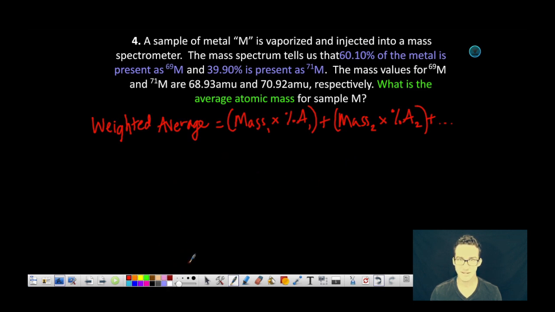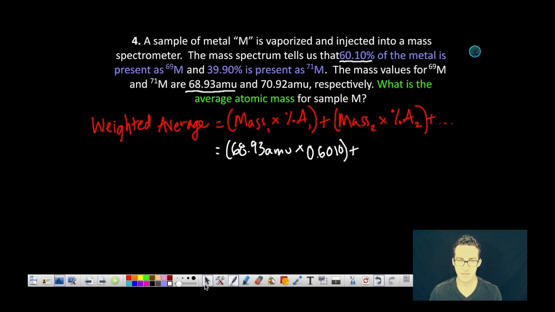Next, all we need to do is plug and chug here. We take a look at the first isotope, which has a mass of 68.93 AMU. Its percent abundance is 60.10%. Don't forget, as we work with these percentages, we need to move our decimal 2 places to the left. So we're going to multiply that by 0.6010.